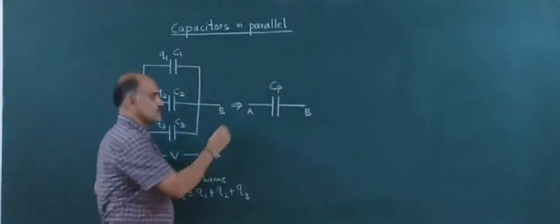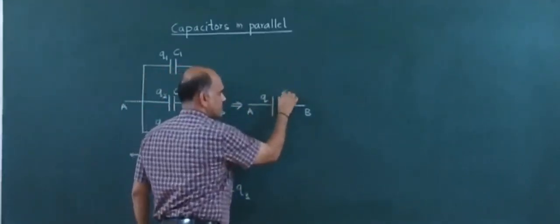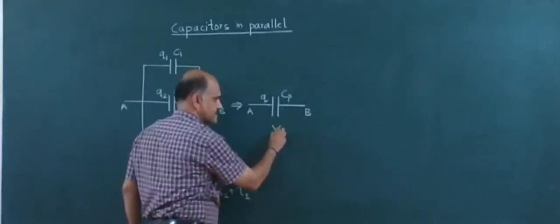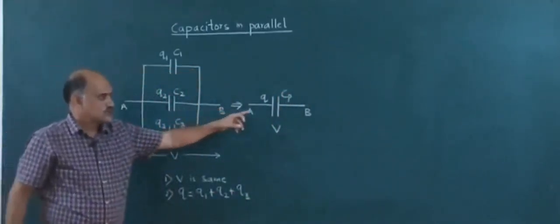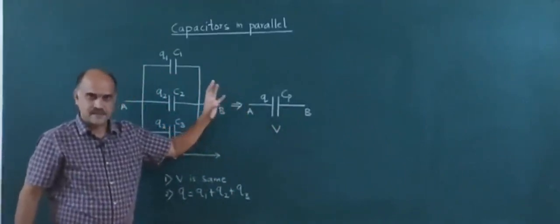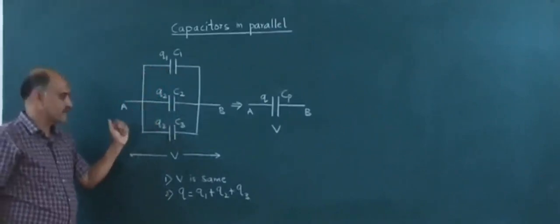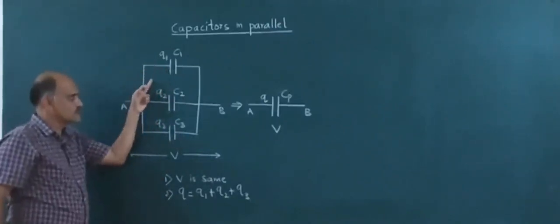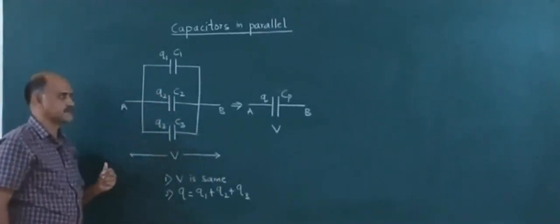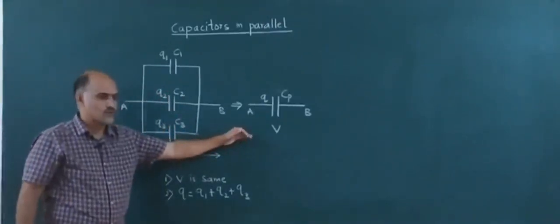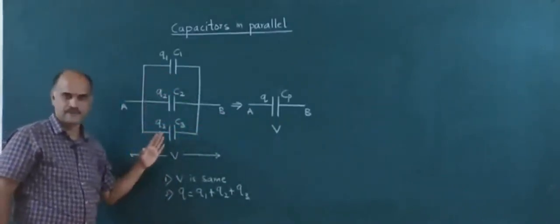So here you will have total charge Q and potential across this is V. So this is the equivalent capacitance. So we say capacitors are in parallel if total charge is equal to the sum of charges across each capacitor, and the potential across each capacitor remains the same.